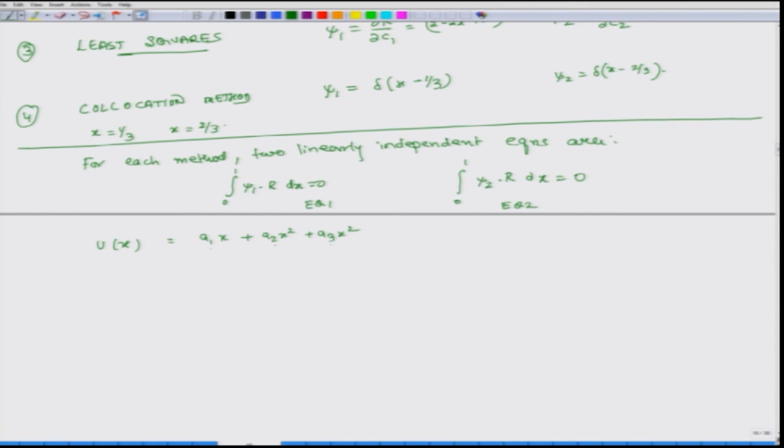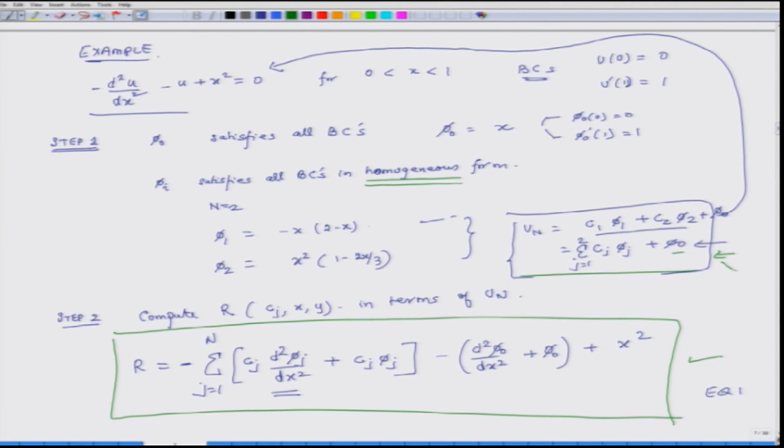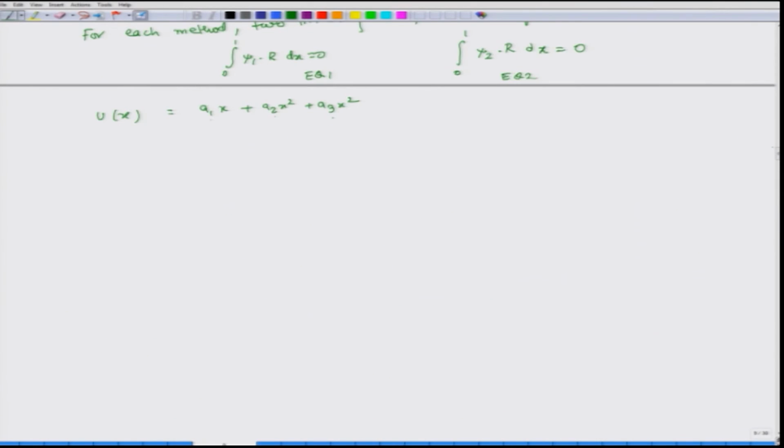And the values of A1, A2 and A3 can be determined: once I have calculated the C's, I plug them into this relation and I can get A1, A2 and A3 x cube.